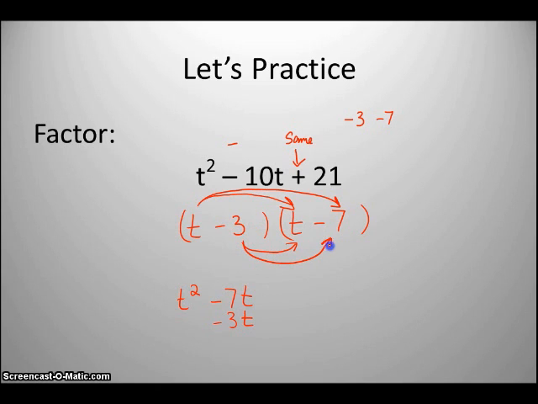Negative 3 times negative 7 gives me a positive 21. I'm going to combine my like terms. So I have t squared minus 10t plus 21. And that's exactly what I started with. So I know that t minus 3 times t minus 7 is the correct factorization.